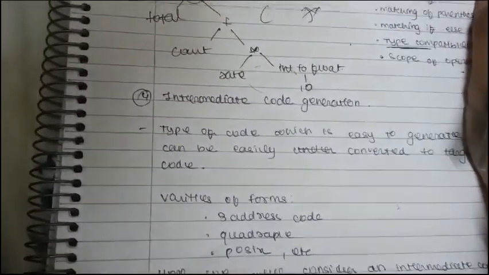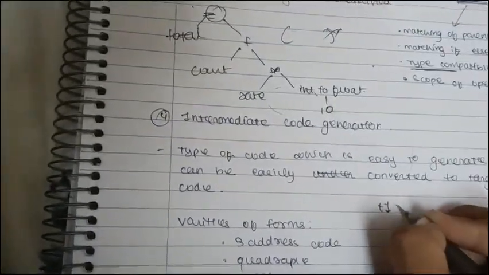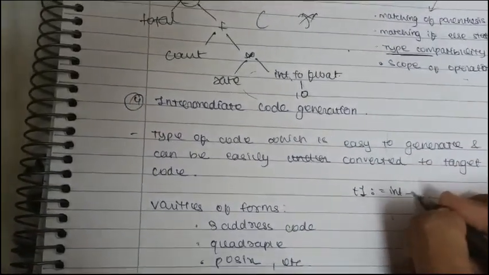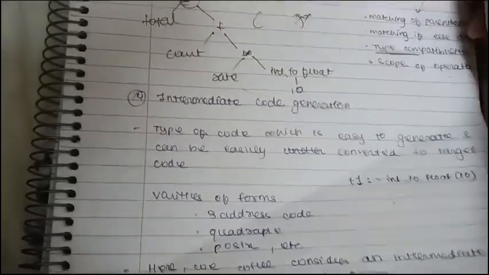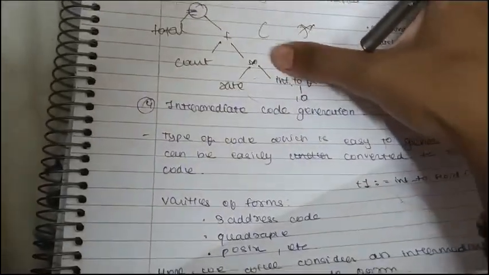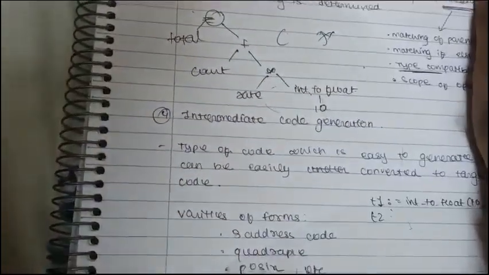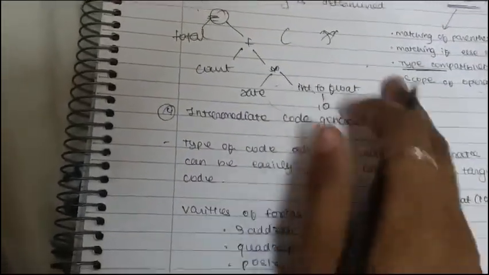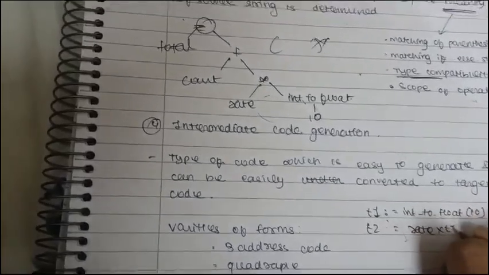So in the example we have seen, let's form the intermediate code. So t1, the first term will be into float, what we are doing into float, that is 10. After that we are multiplying it with rate. So let's say t2 is rate into t1.